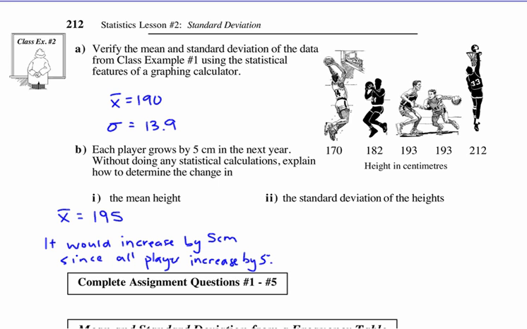Now let's look at the next one. Standard deviation of the heights. If they all increase by 5, does that change their spread from the average? And the answer is no. So the standard deviation would stay the same, because they're all increasing by 5, so their distance from the mean is still the same.